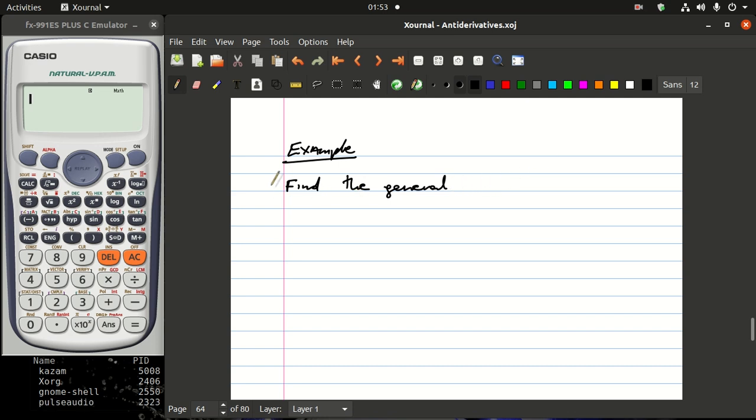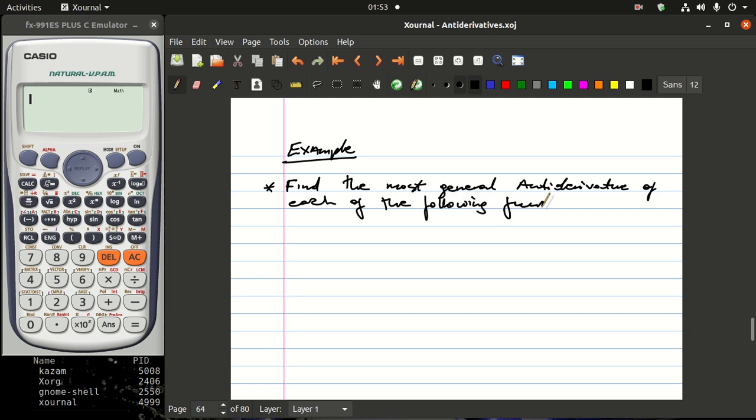Find the most general antiderivative of each of the following functions. So you can find this question.